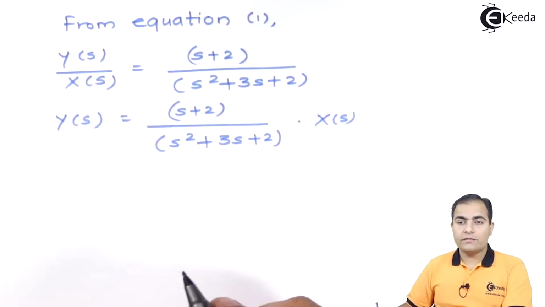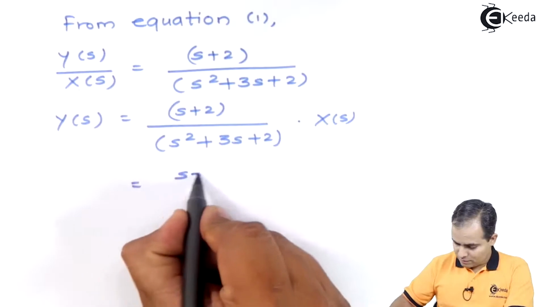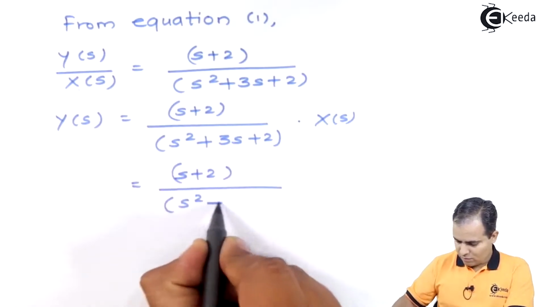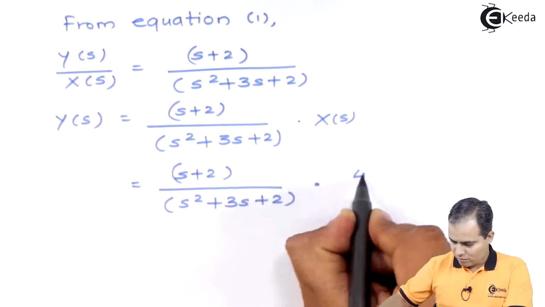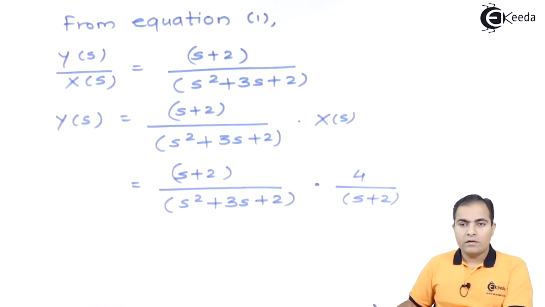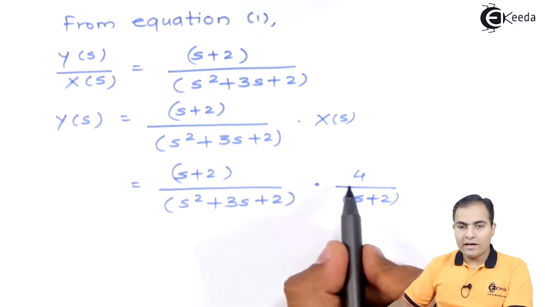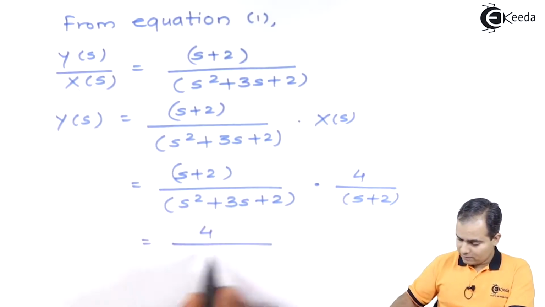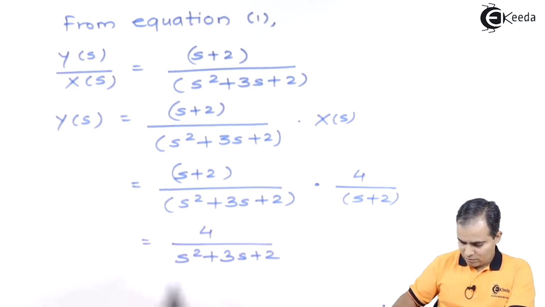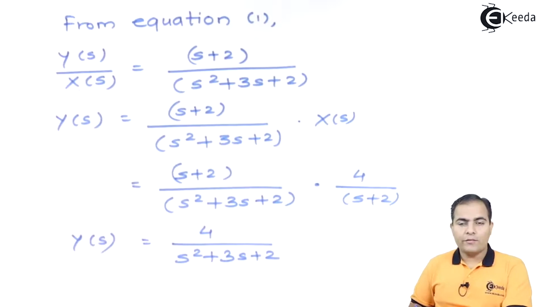Now I'll substitute the x of s value, which is 4 by s plus 2. Now this s plus 2 and this s plus 2 will get cancelled. So y of s becomes 4 upon s square plus 3s plus 2.